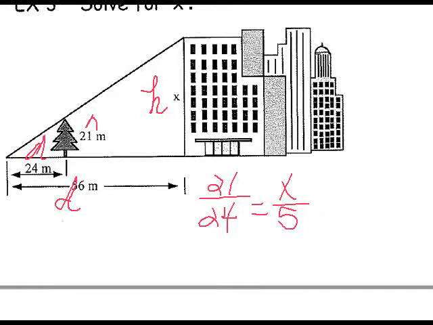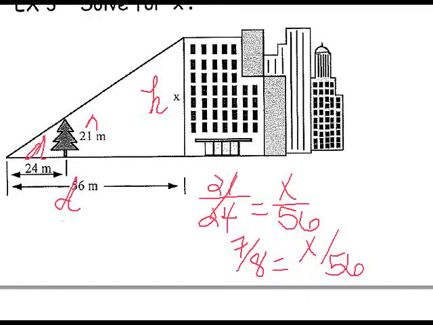All right, 21 over 24. Divide top and bottom by 3, and we get 7 over 8 equals x over 56. So 8x is equal to 392, divided by 8, and x is equal to 49.